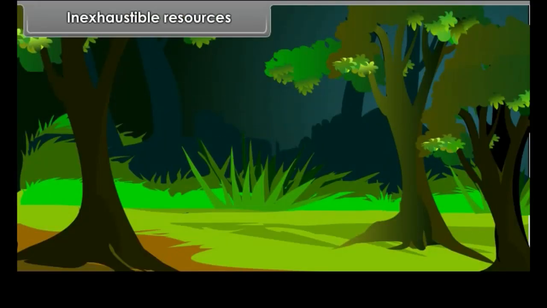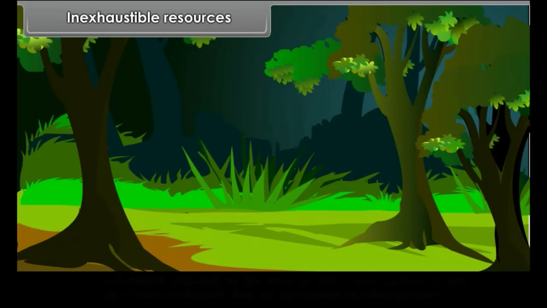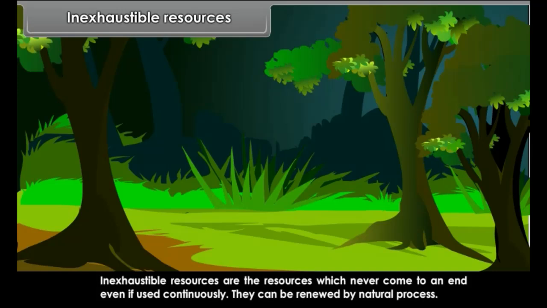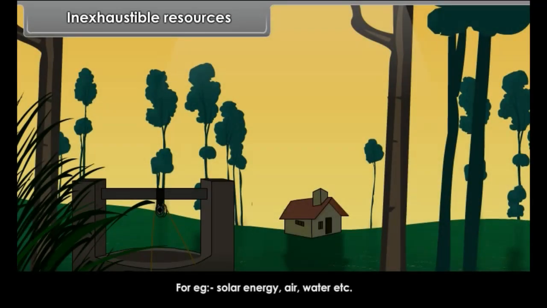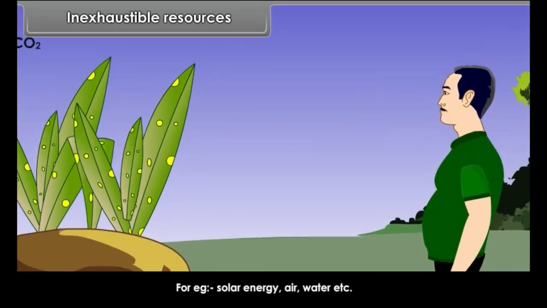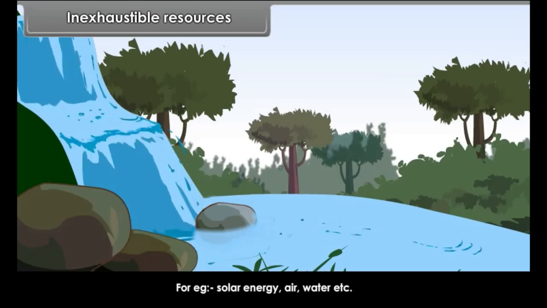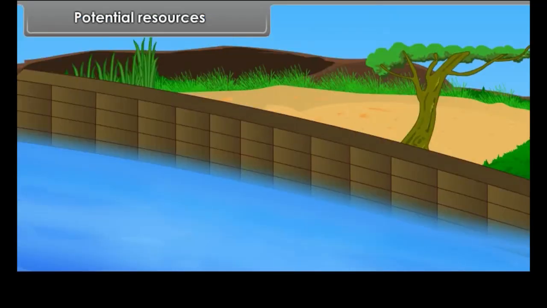Inexhaustible resources. Now, let us understand the meaning of inexhaustible resources. Inexhaustible resources are the resources which never come to an end, even if used continuously. They can be renewed by natural process. For example, solar energy, air, water, etc. Potential resources.